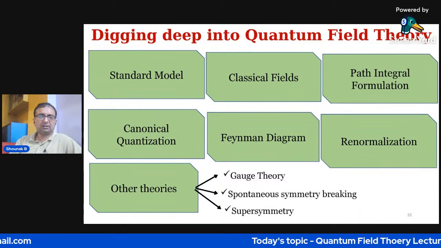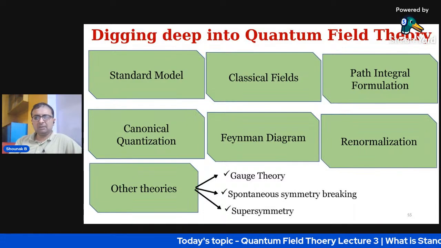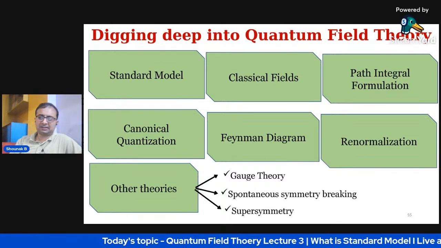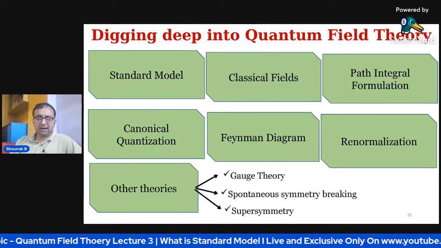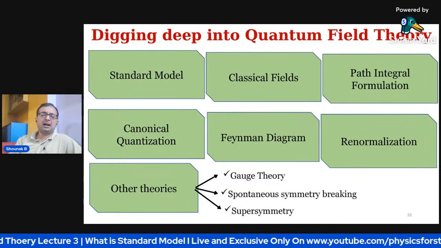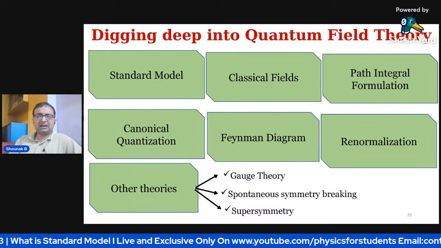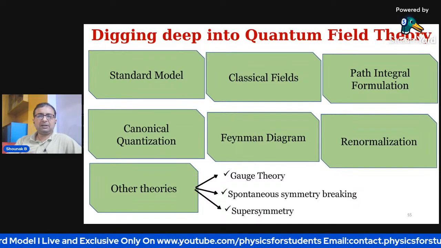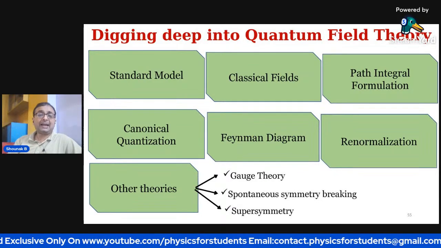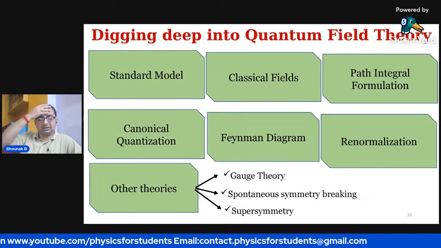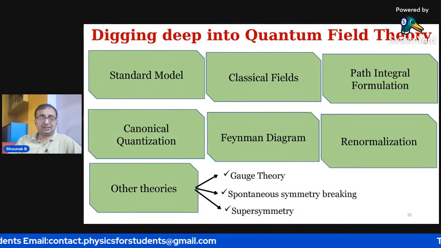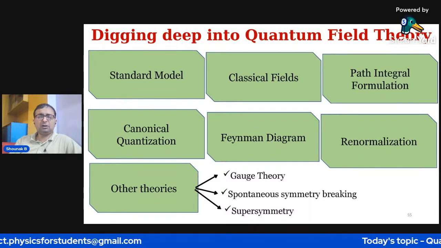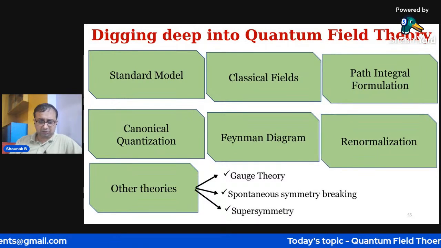That is the classical fields, because as I told you, classical fields do carry a lot of value, and this is a kind of classical field theory. Then we have path integral formulation, canonical quantization, which means quantization of classical electromagnetic fields, renormalization, and other theories like gauge theory.